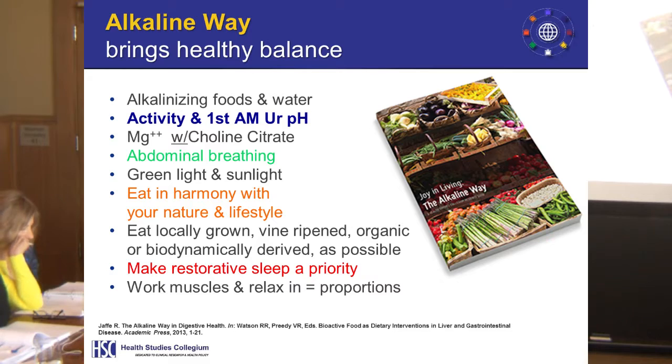It gives information about the enhanced uptake and chaperone delivery magnesium choline citrate combination, but it also includes relaxation response and abdominal breathing and green light and sunlight and eating in harmony with your nature and lifestyle and eating locally grown, vine-ripened, organic, or biodynamic foods when possible, and making restorative sleep a priority, and working our muscles and relaxing in proportion.